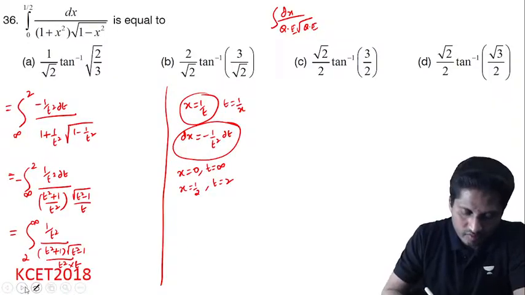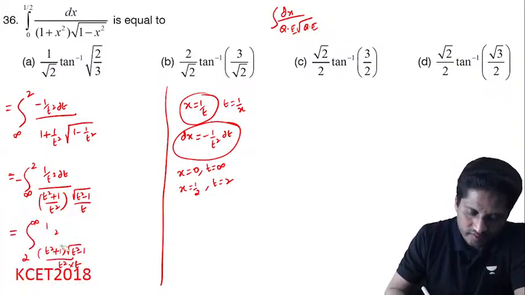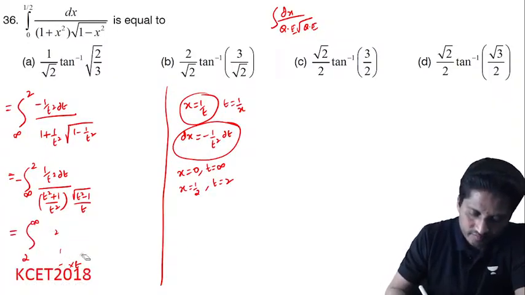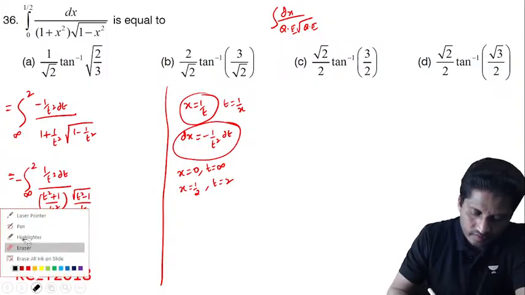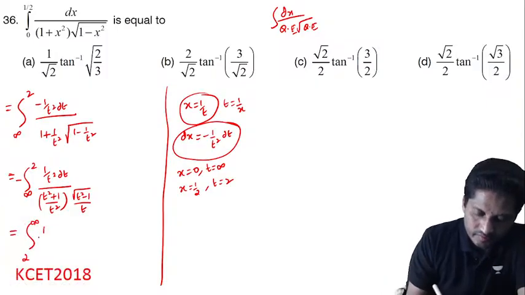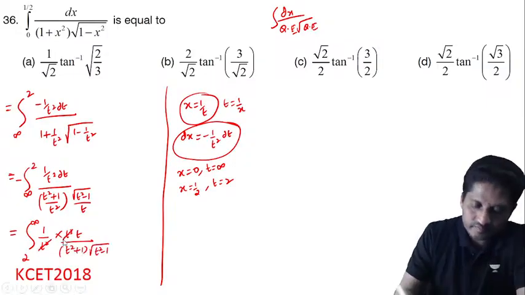Now this fellow goes to numerator. T square into t divided by t square plus 1 into root of t square minus 1. Now this will cancel.